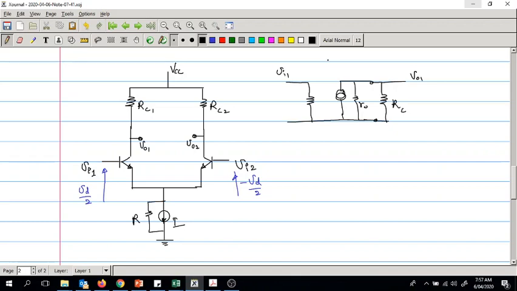Okay, so actually the Vout1 is this, right? So this is Vout1, we can say, and this is my Vi1, which is Vd by 2, right? So same construction is there.